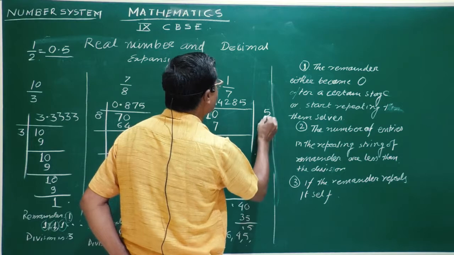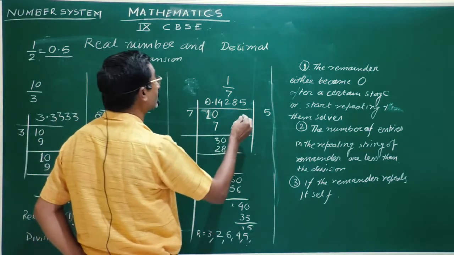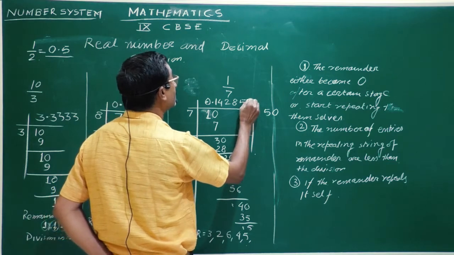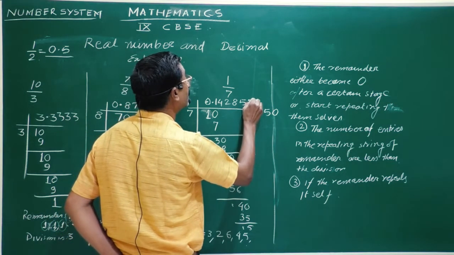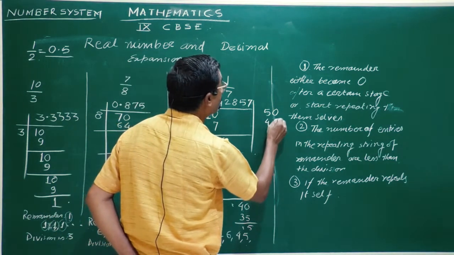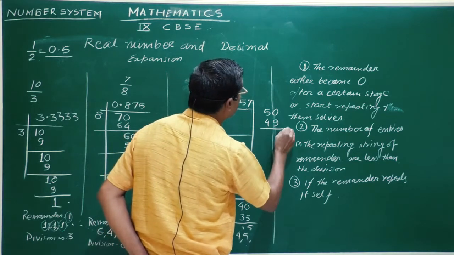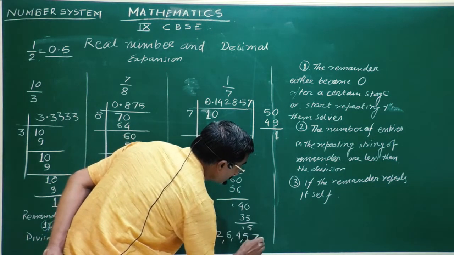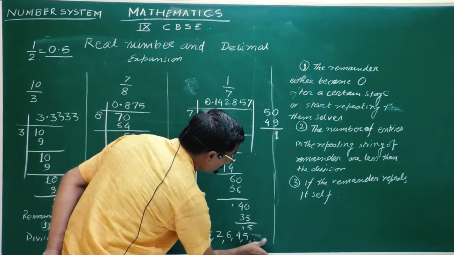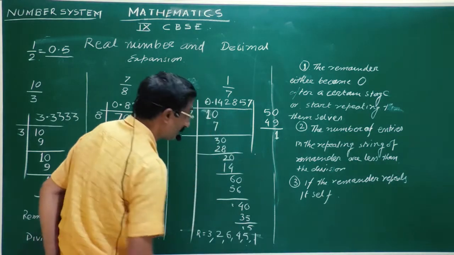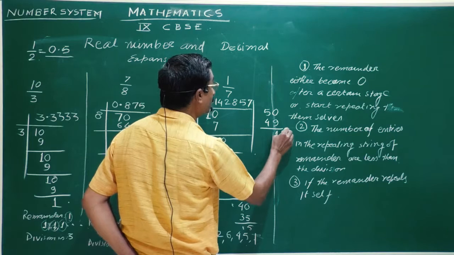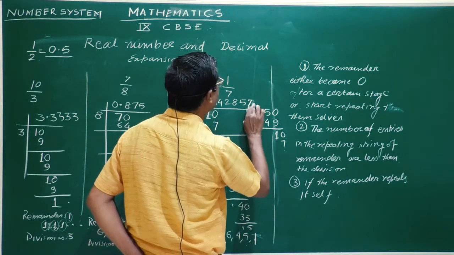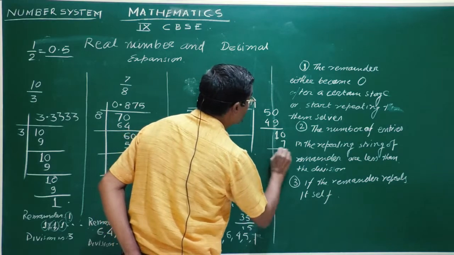Five is remainder. I am writing here. Now 0. 7 7s are 49. So the remainder is 1. Again 0. 7 1s are 7.